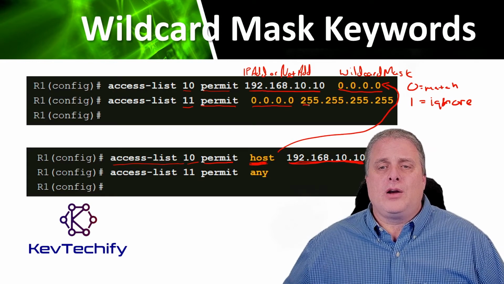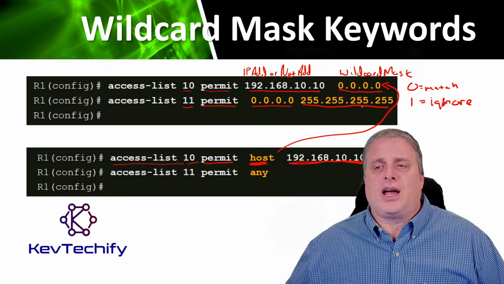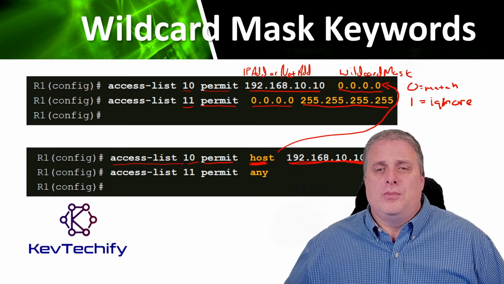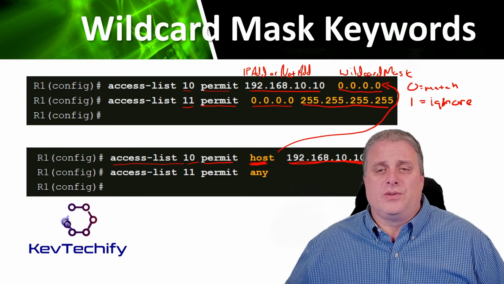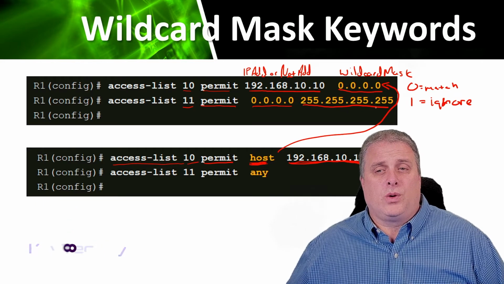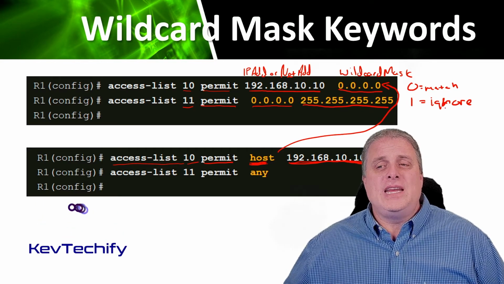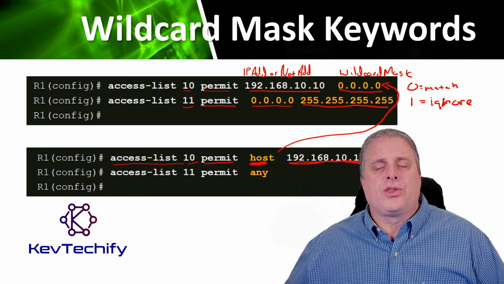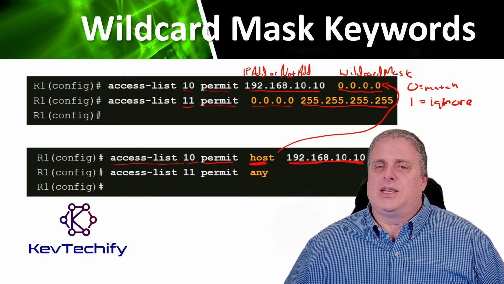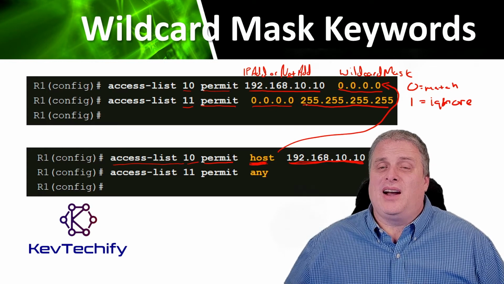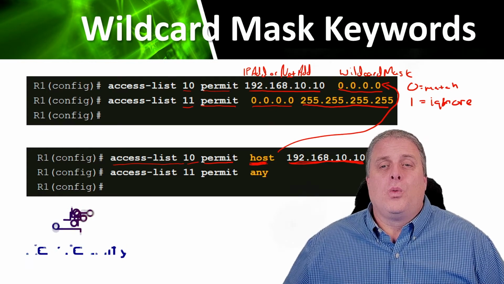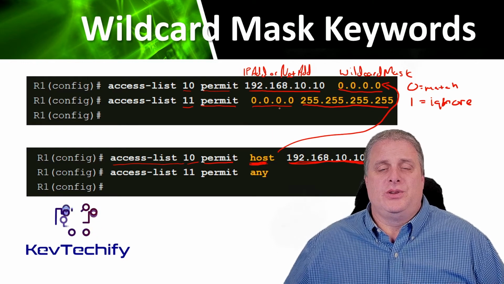Our wildcard mask here is 255.255.255.255. Remember that these are all ones, so 255 is equal to 8 ones, so we have 32 ones here. 1 is equal to that ignore. So we're going to ignore all 32 bits. Basically, we're saying we don't care what the address is, we're going to match it to this statement.